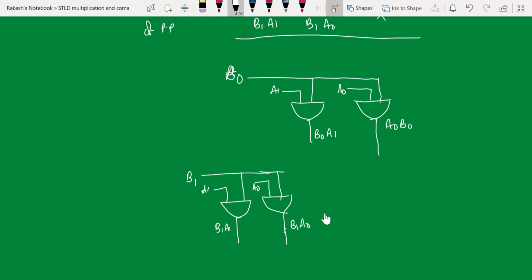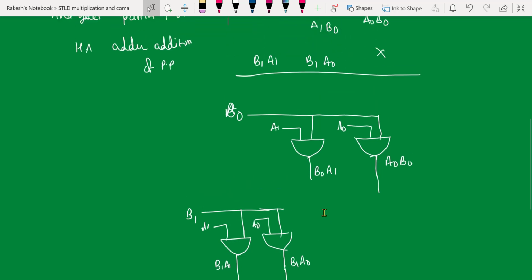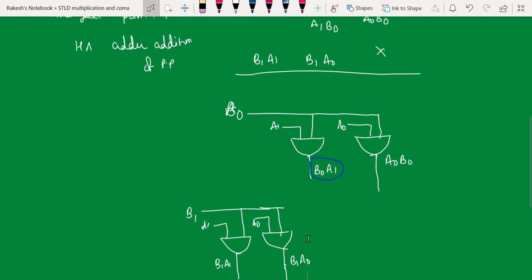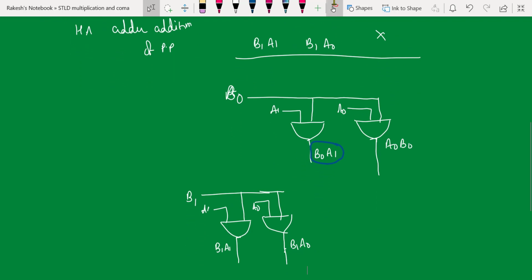If you look at your multiplication procedure, you are supposed to add your B0 A1 and B1 A0. So that means you are going to use a half adder for adding these two bits, and this partial product you are going to take as it is. That means you are going to take this partial product as it is.